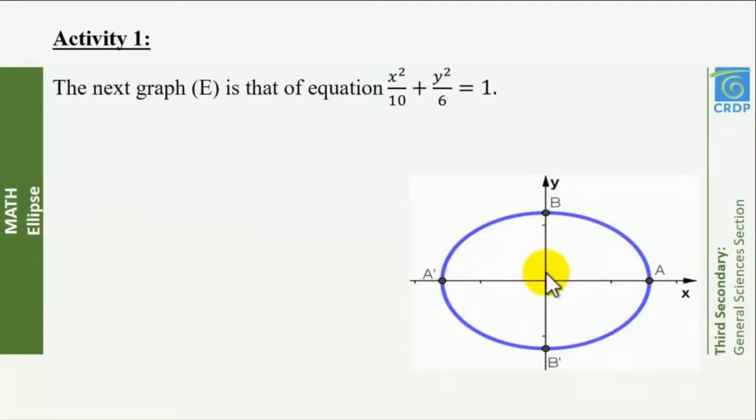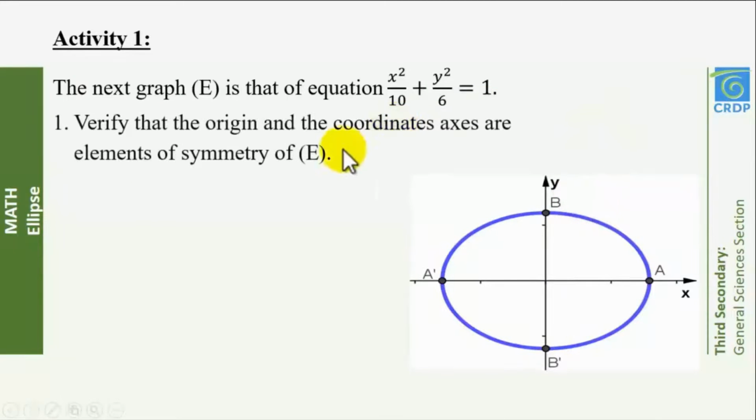The next graph E is that of equation x squared over 10 plus y squared over 6 equal 1. Verify that the origin and the coordinates axes are elements of symmetry of E. Replace x by minus x and y by y. We get the same equation.